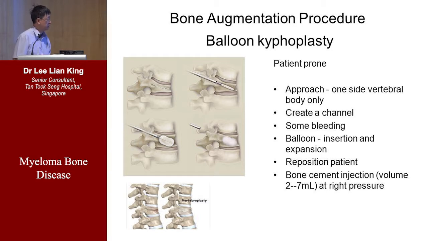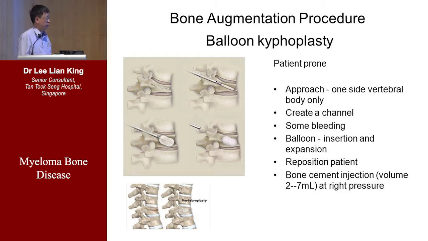In this procedure, balloon kyphoplasty, the patient will lie prone on the bed, and the surgeon will use a needle to go from the back right into the fractured vertebra, and they will create a tunnel with this specialized needle.